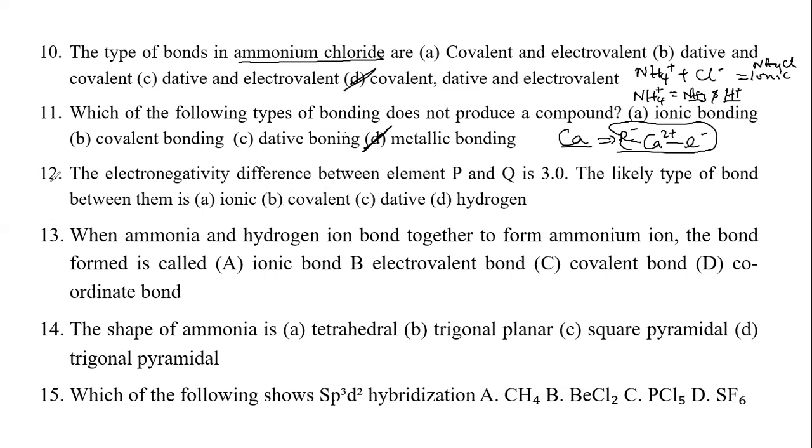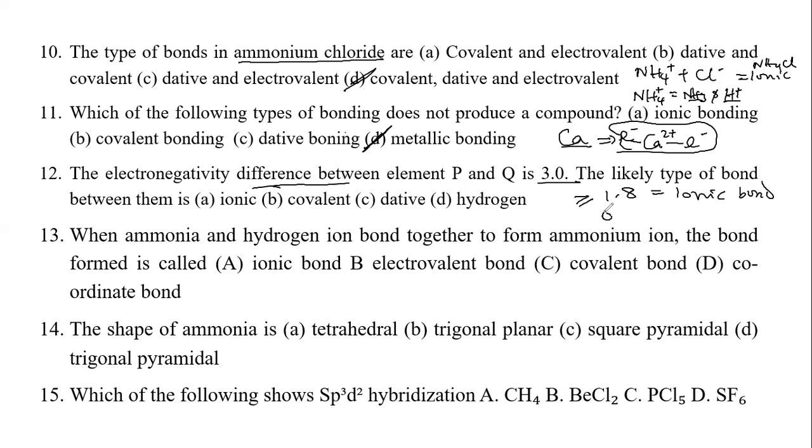Question number 12. The electronegativity difference between element P and Q is 3.0. The likely type of bond between them is what? Now, when the electronegativity difference is greater than or equal to 1.8, it is going to be an ionic bond.